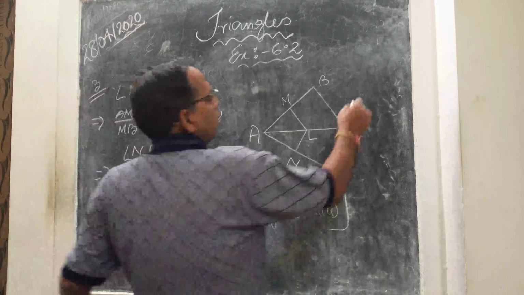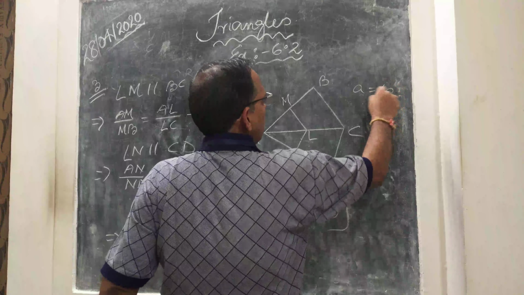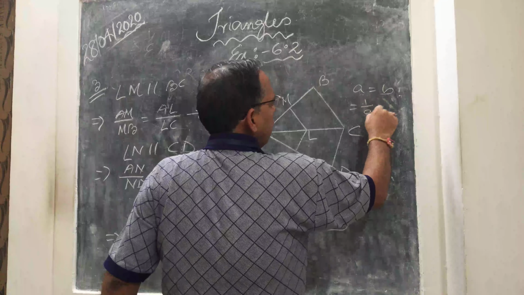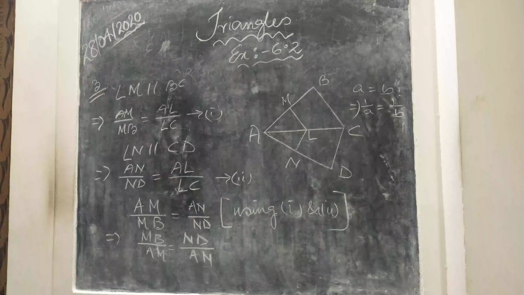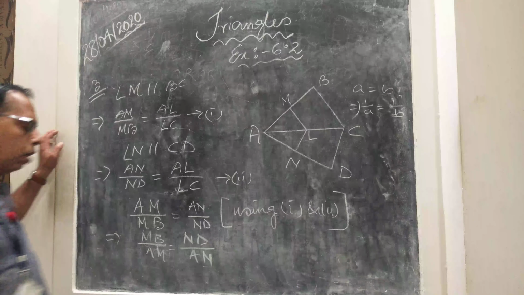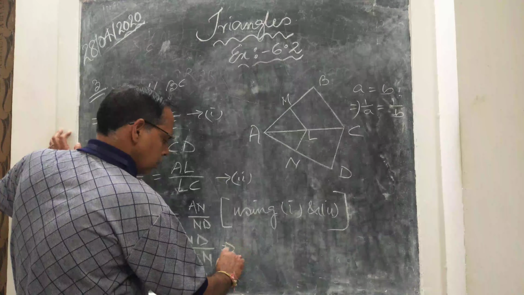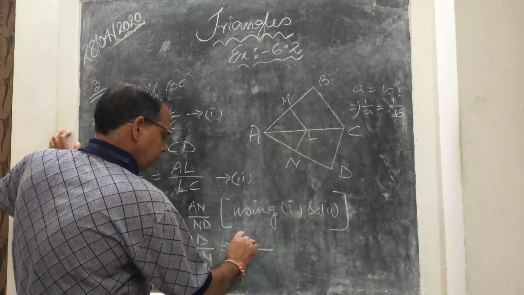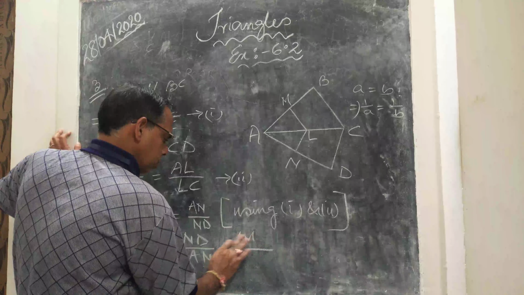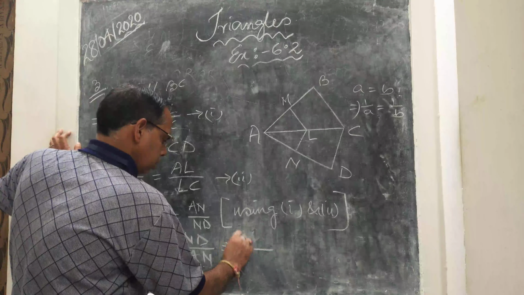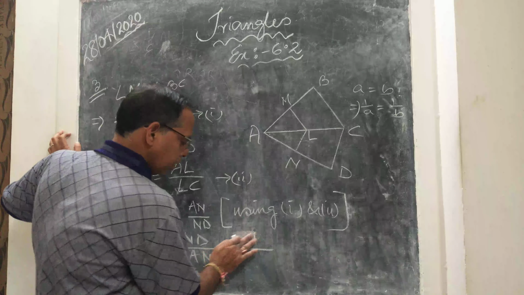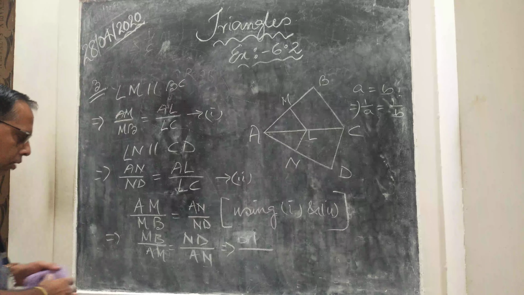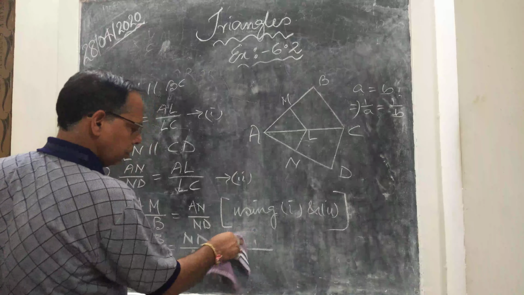If A equal to B, we can write 1 by A equal to 1 by B. So invertendo means inverse property. Okay, now whatever you have started with, MB or BM, that one you have to continue.